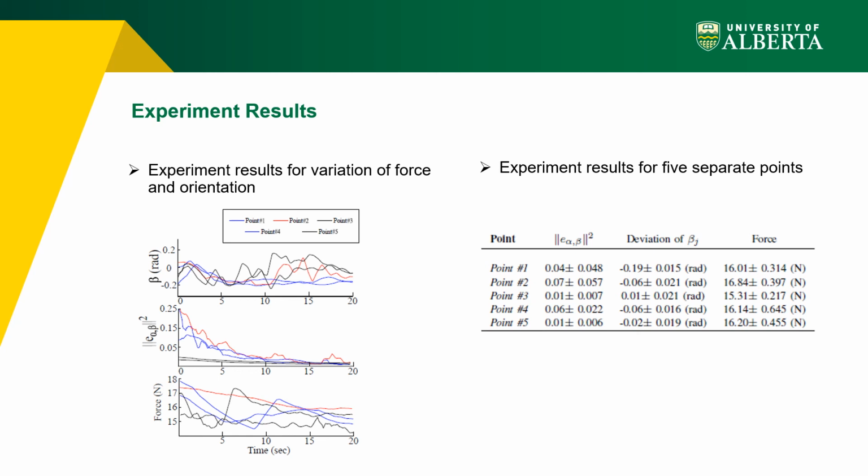The force values also remain in a reasonable interval during the experiment, as reported in the last figure. The value of beta converged to 0, which proves that our method keeps the stroma in the center of the image as time passes. The average value of each metric is reported in the table for each point during the experiment.